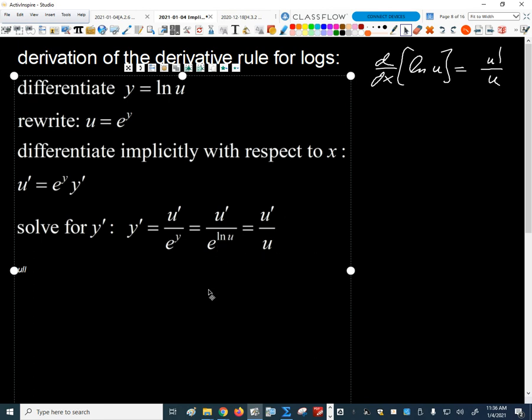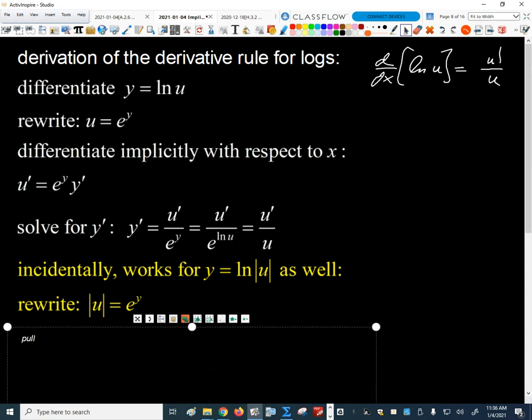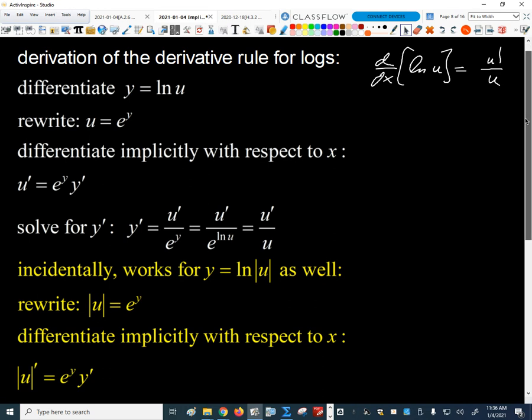How about that? Okay, and then I don't want to spend a ton of time on this part of it, but remember in the videos it talks about there's another form of this. You know that the derivative with respect to x of the log of the absolute value of u, and sometimes that's important to use because the argument of a log function has to be positive, right?